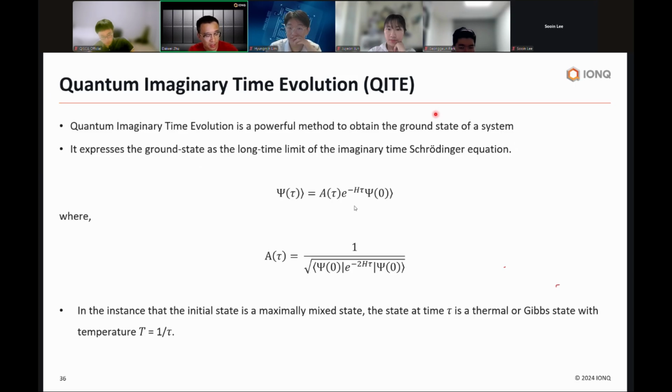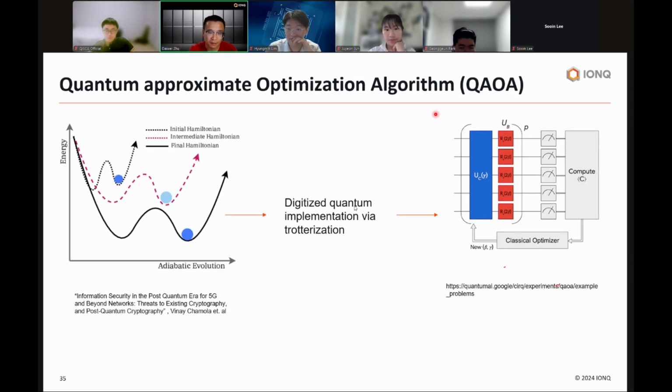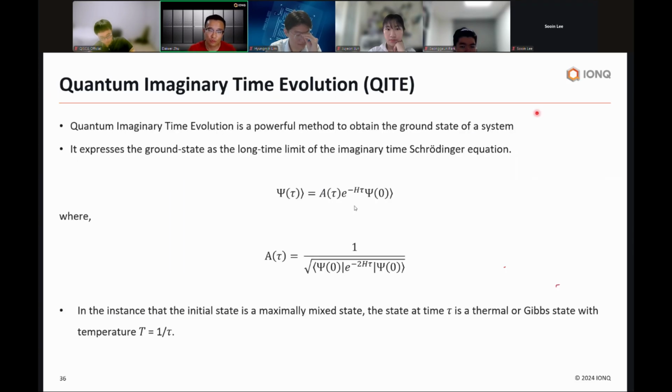It's basically very similar to QAOA, except you don't optimize these angles. You calculate what those angles should be according to the imaginary time evolution formalism. So in the actual world, quantum evolution corresponds to the Schrodinger equation, right?